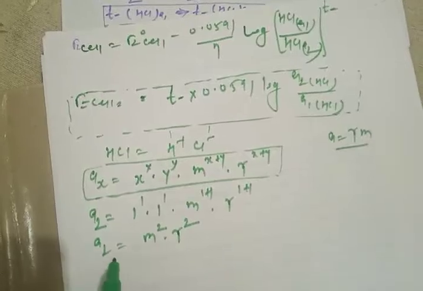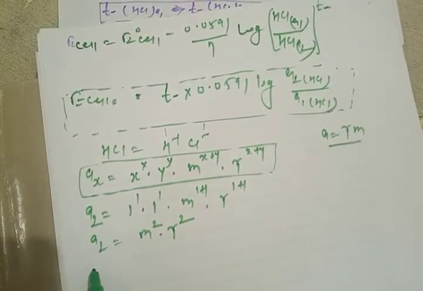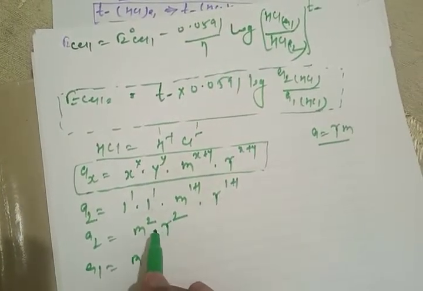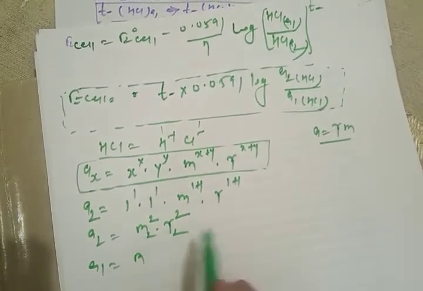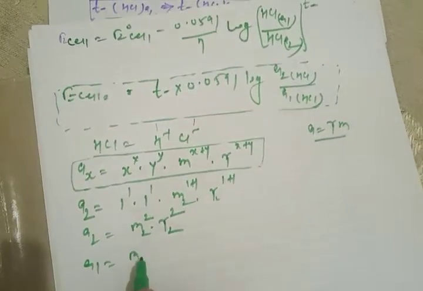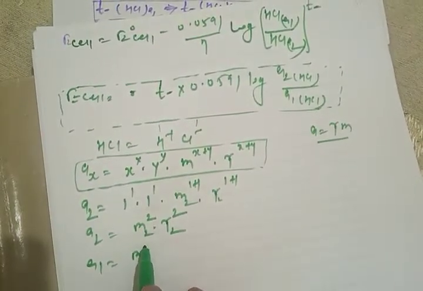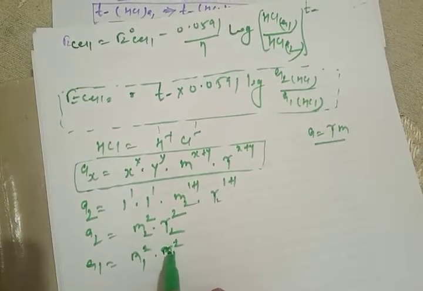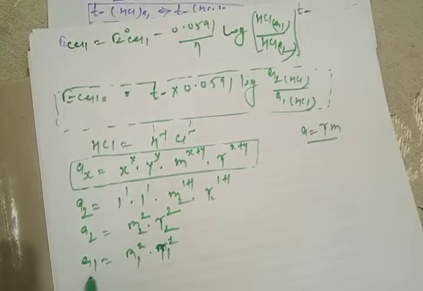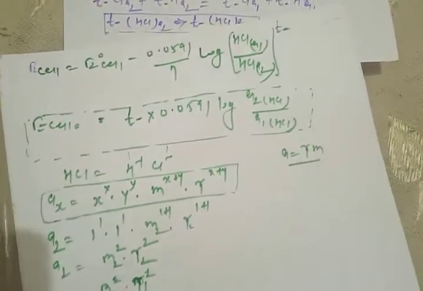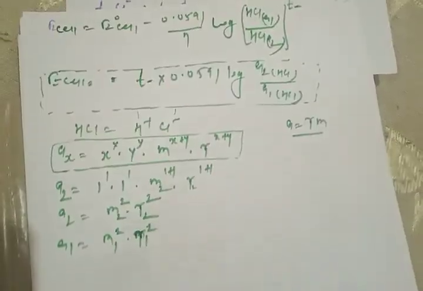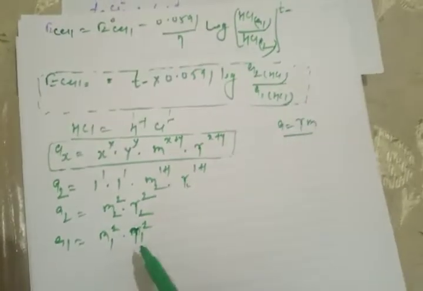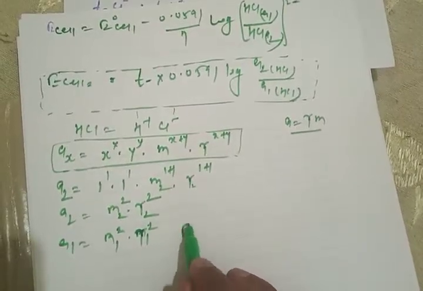Similarly, for A1, this is m1 and gamma 1. So this is the value of A1 and A2. You can also put this value, although this equation is enough at this place, no need to go further, but you can extend this equation.